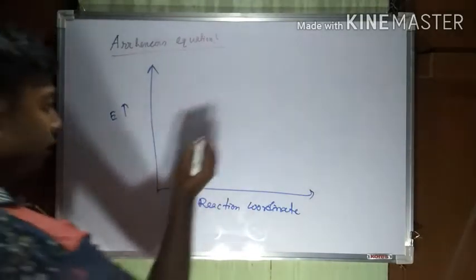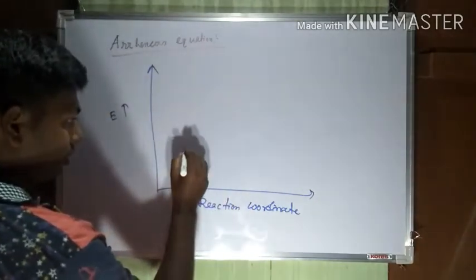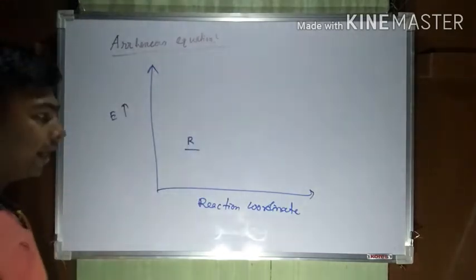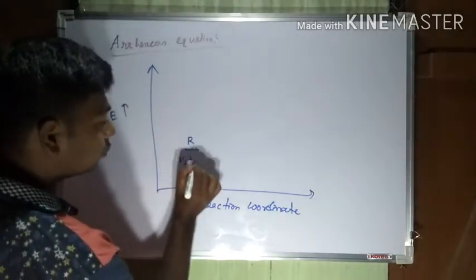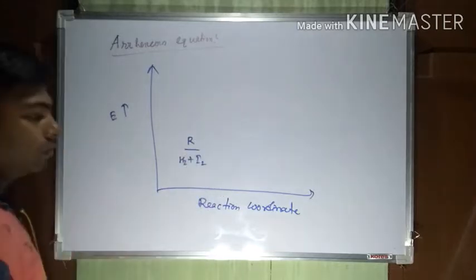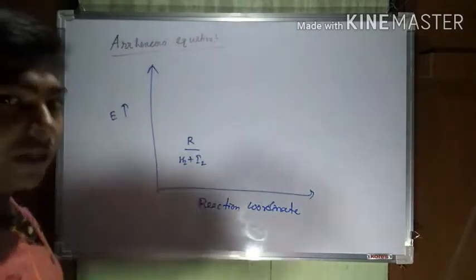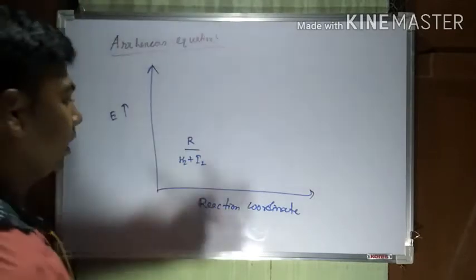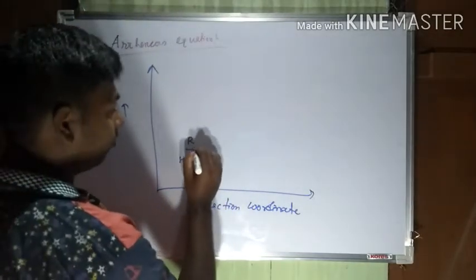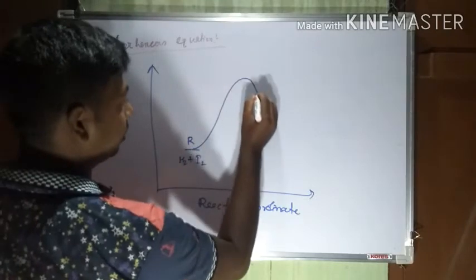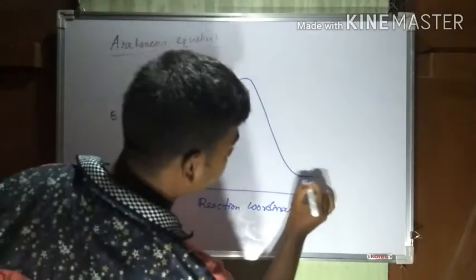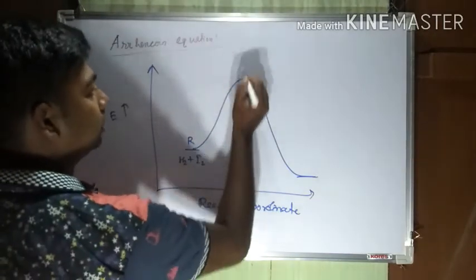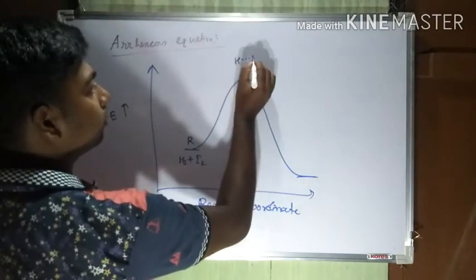Now if you write the reaction, here the reactant means H2 plus I2. Then obviously it forms the intermediate, which is unstable and has very high energy. This one is the intermediate, and the product is a little bit lower.